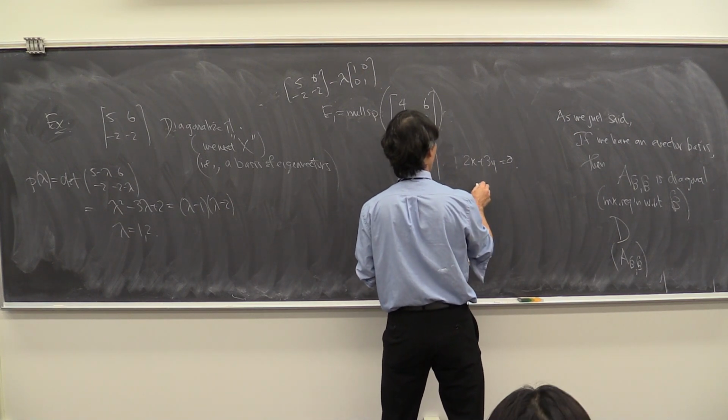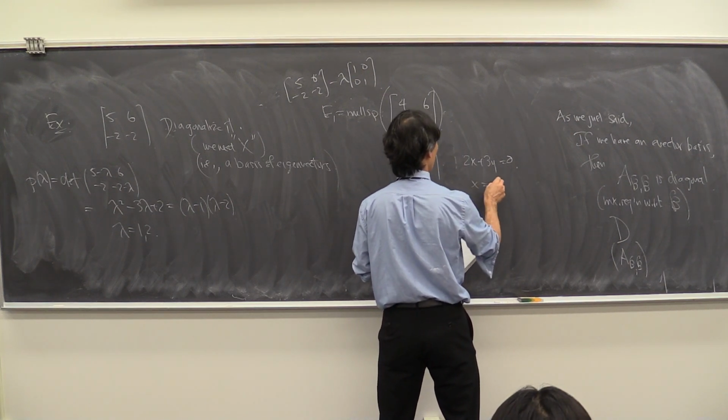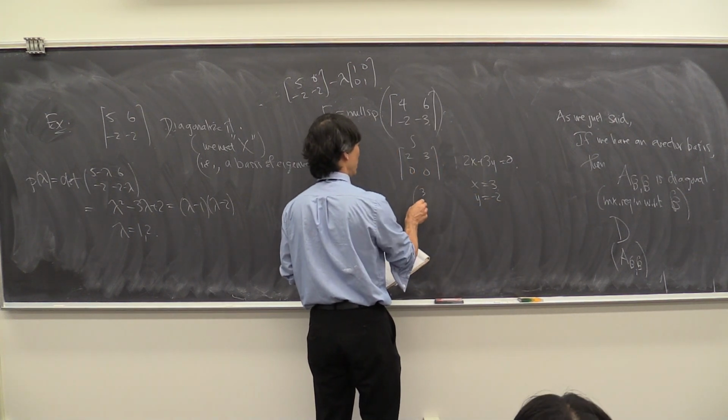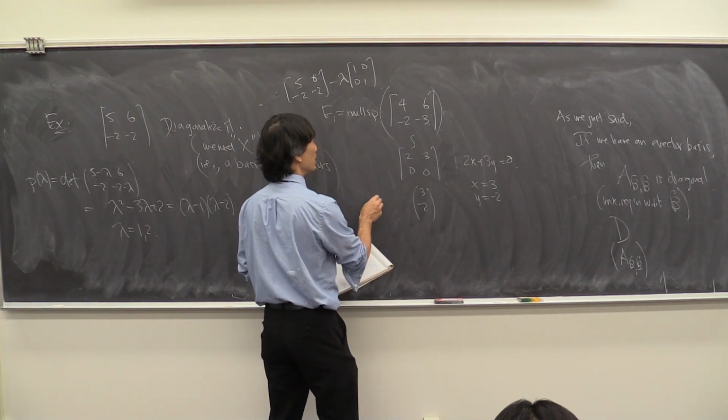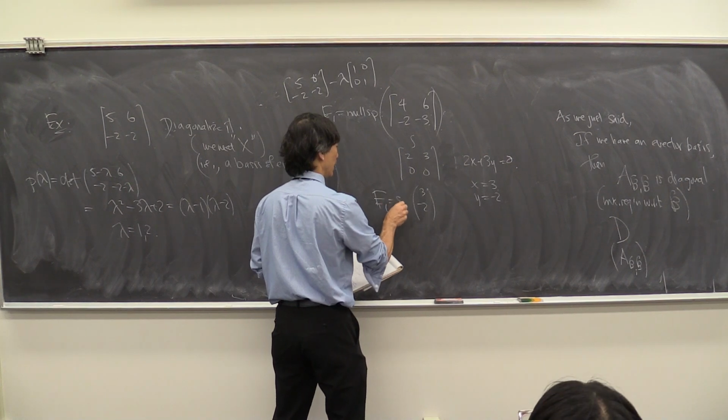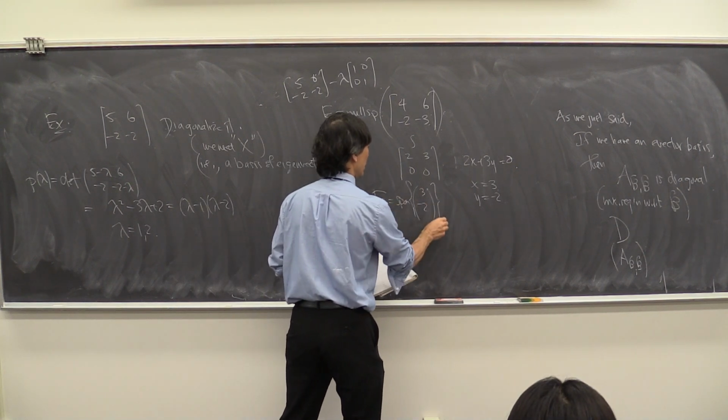If we take, say, x to be 3 and y to be -2, that'll work. So 3, -2, and E1 is actually the span of 3, -2.